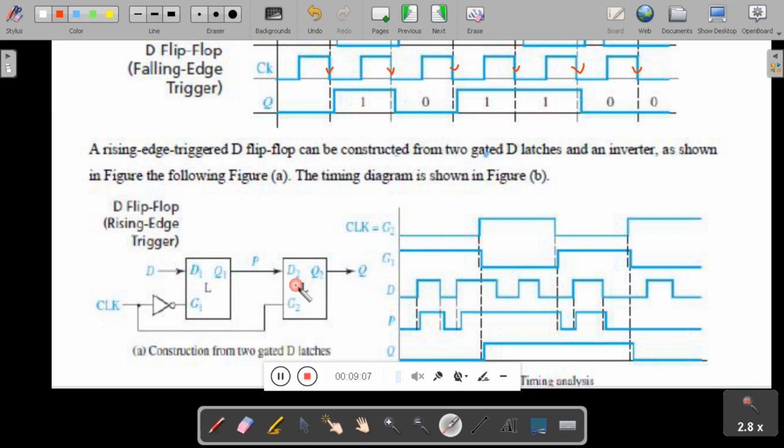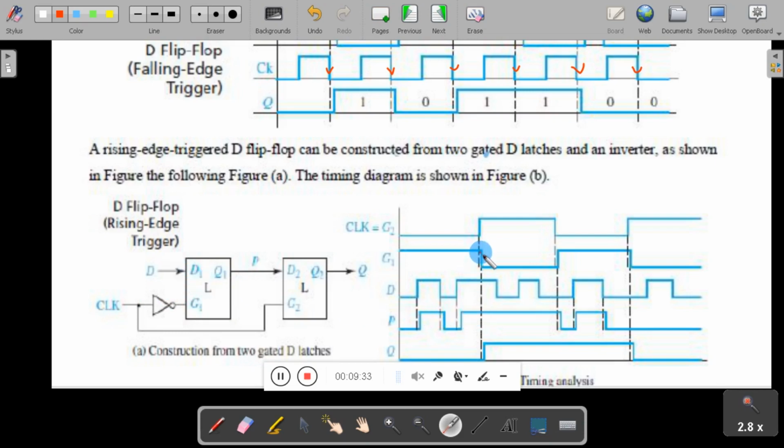That means this output will not work, and it holds the output's last state, but output P follows the input. So here you can see output P follows the input. Now when the clock becomes 1, this will be disabled. 1 means here it is 0, here it is 0. This will be disabled. Now output P holds the last value.